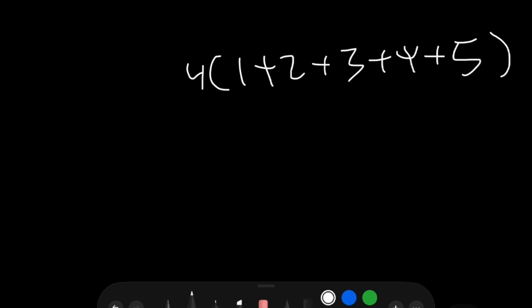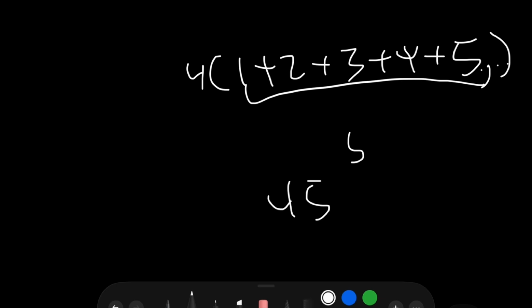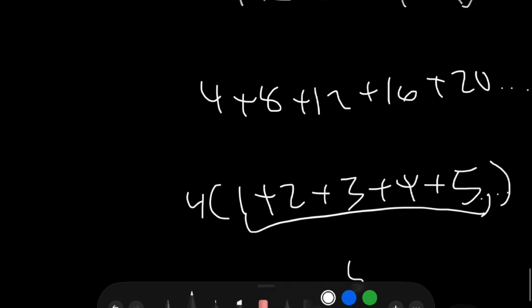Remember this entire sequence is just S. And because we're multiplying S by 4, we get 4S. So S minus S2 equals 4S. So we just subtract S from both sides.